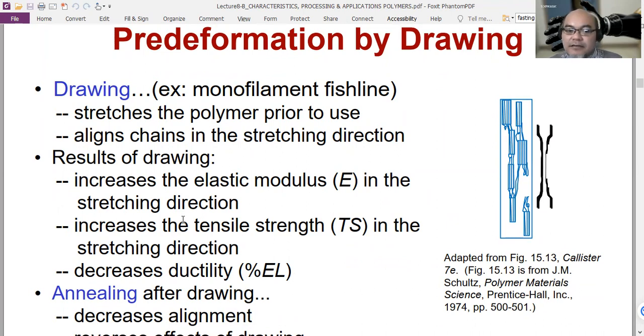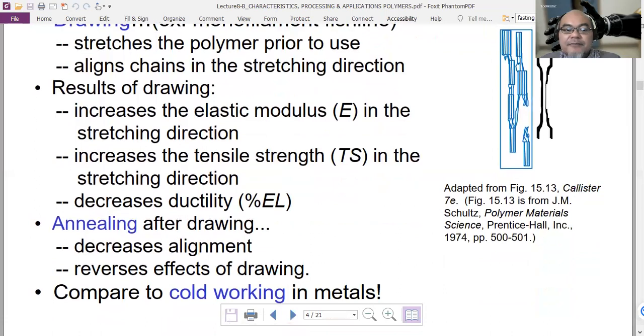Similar to metal, polymers, when they have ductility, can be formed. But when we do drawing to the structure, the crystalline regions will be aligned, and this will decrease the ductility.